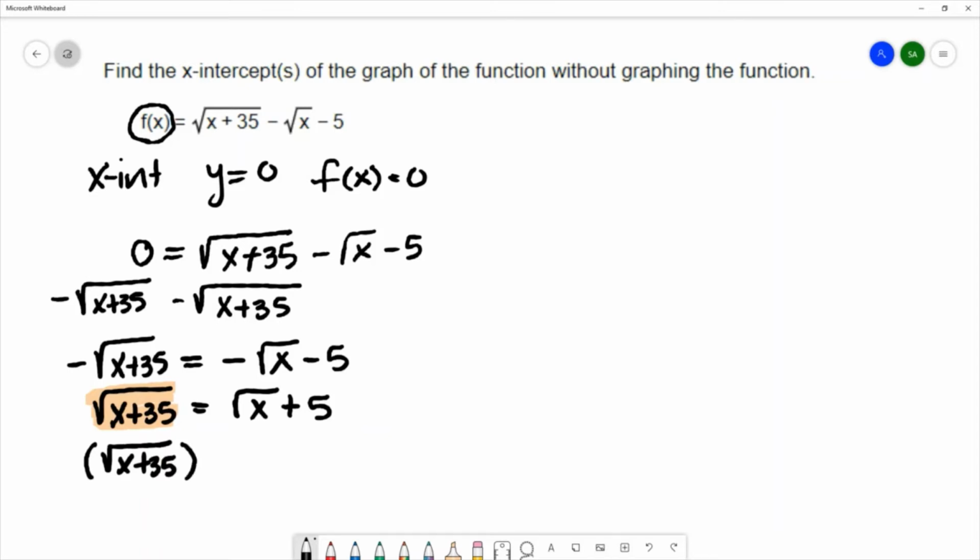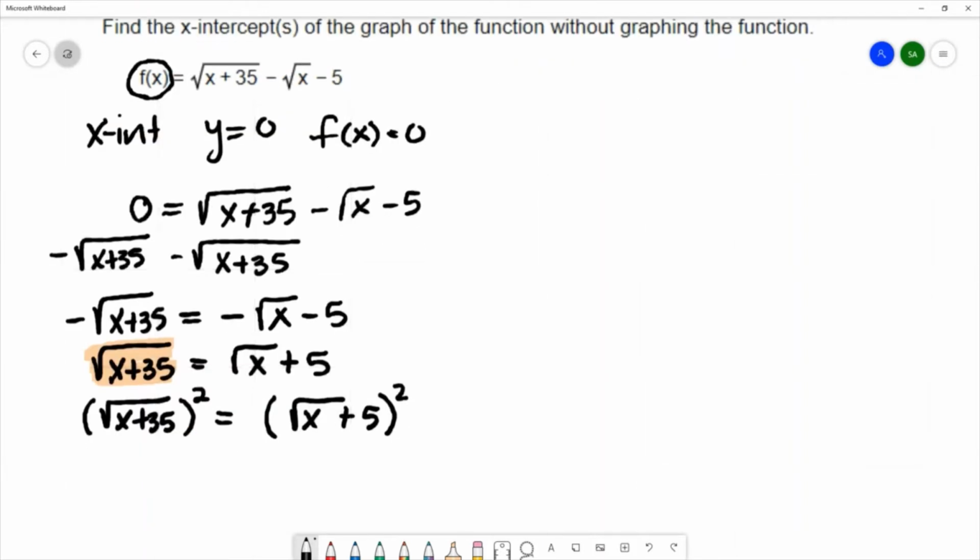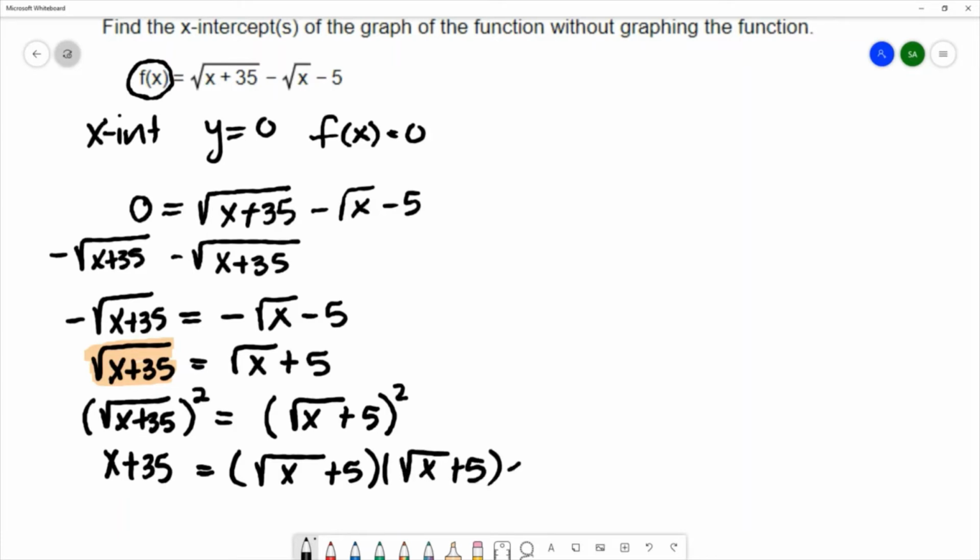So I'm going to square the left-hand side and also square the right-hand side. On the left, the square root and the square would cancel each other out, giving you x plus 35. And on the right, I would need to multiply this out. Square root of x plus 5 times square root of x plus 5. And I'll continue up here.